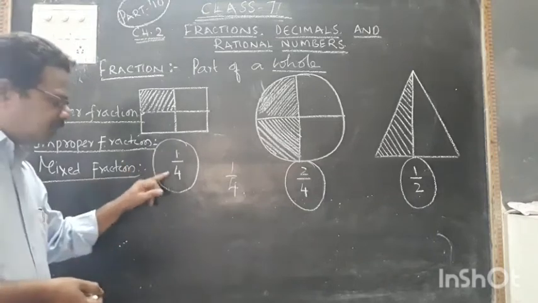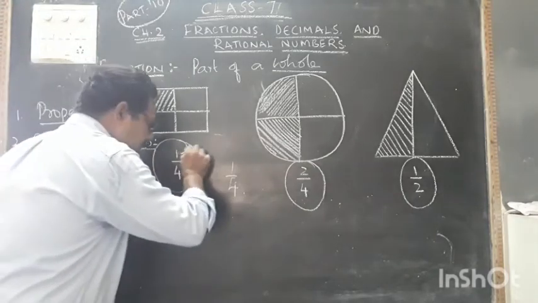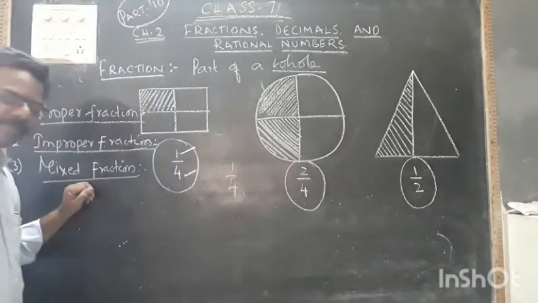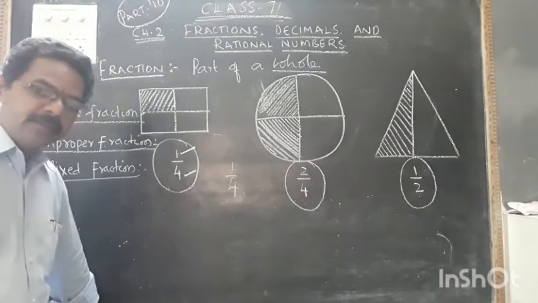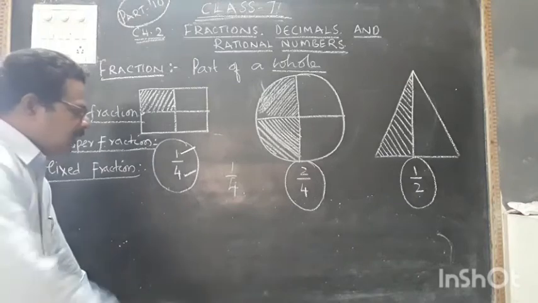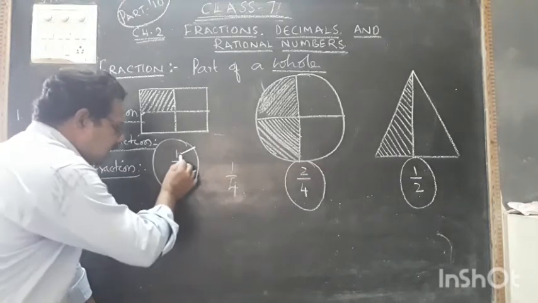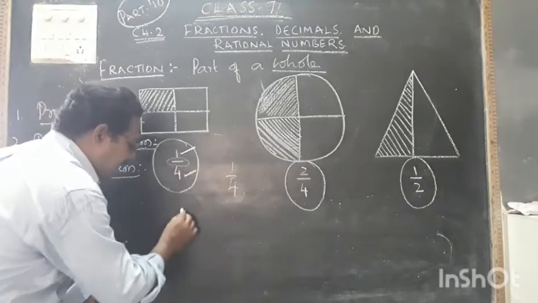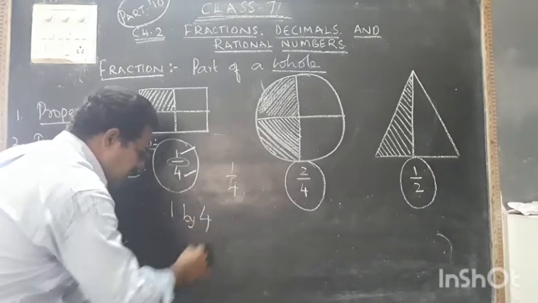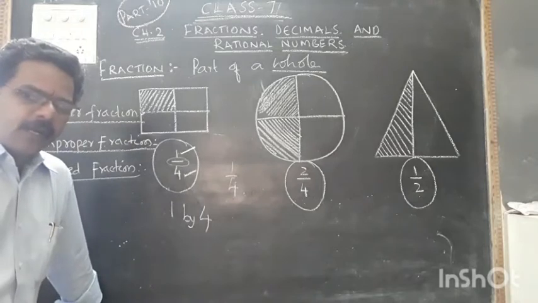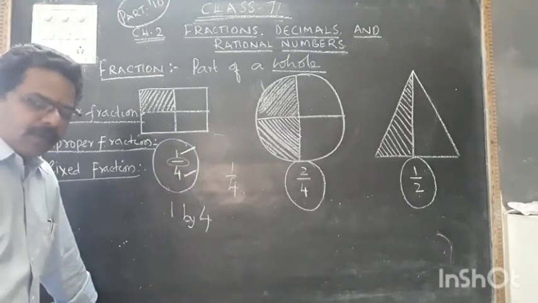If you observe this fraction, 1 is a number and 4 is a number. These are all whole numbers, or integers, or natural numbers. 1 and 4 are numbers separated by a symbol, by. We can call it 1 by 4.